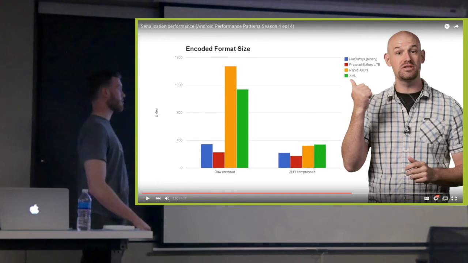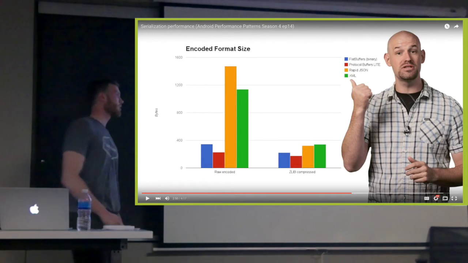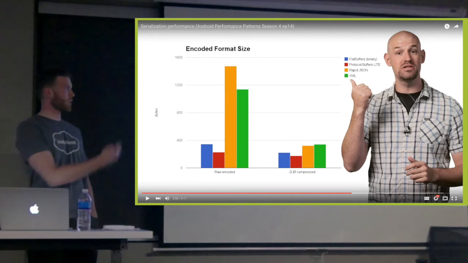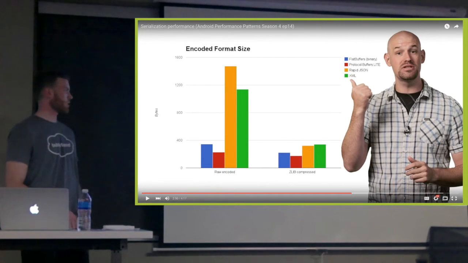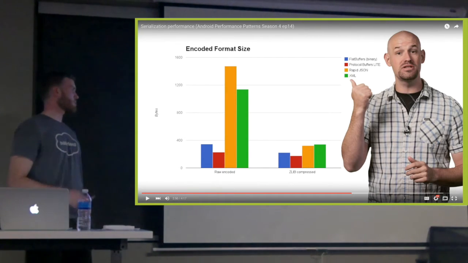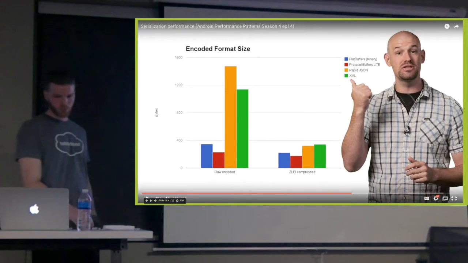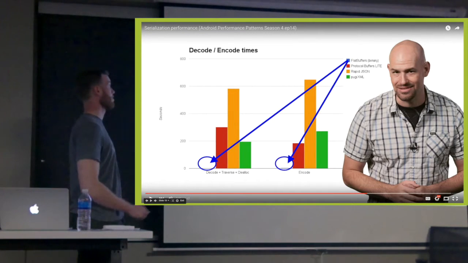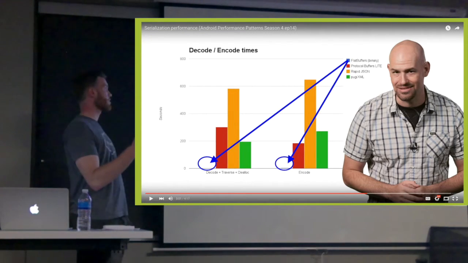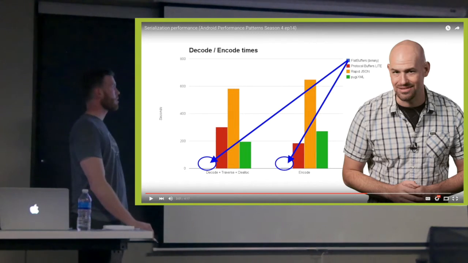So definitely the smallest file size using protobufs. Whatever JSON format he was showing there seems to be a lot larger. XML's a lot larger too. He also has a graph comparing the times that it takes to decode and encode with those four options.